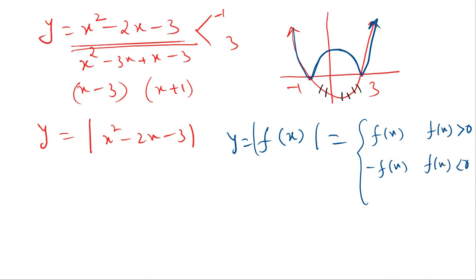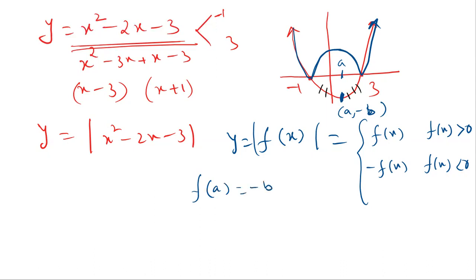Just see, take this value as a, and this as a comma minus b. That means for f of a you are getting minus b.